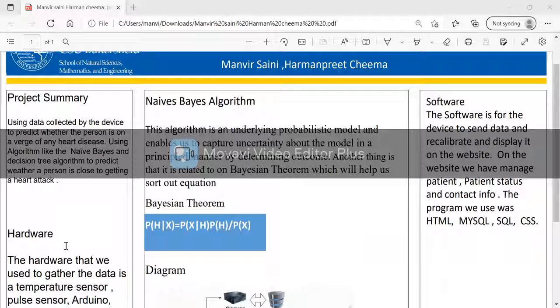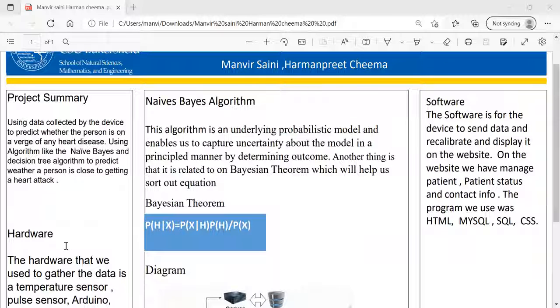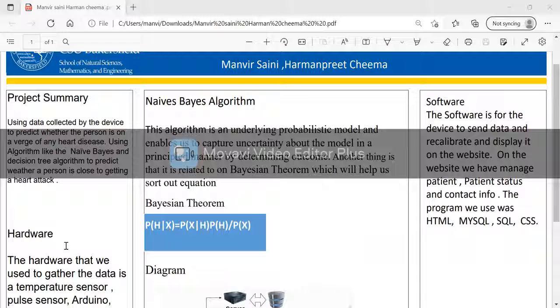Naive Bayes algorithm is based on the Bayesian theorem as given, and the formula that we used was P(H|X) equals P(X|H) P(H) divided by P(X).